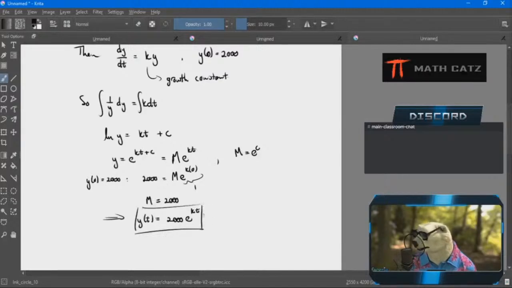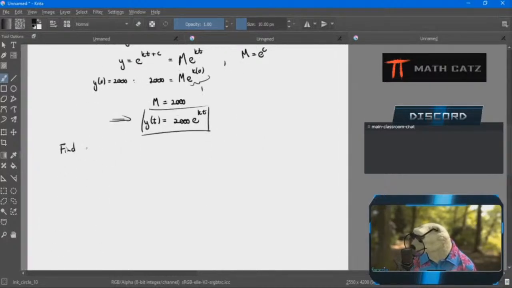Now, this isn't quite complete. I don't quite know what the growth constant is. So next I'm going to have to find the growth constant k to be able to really know the function.